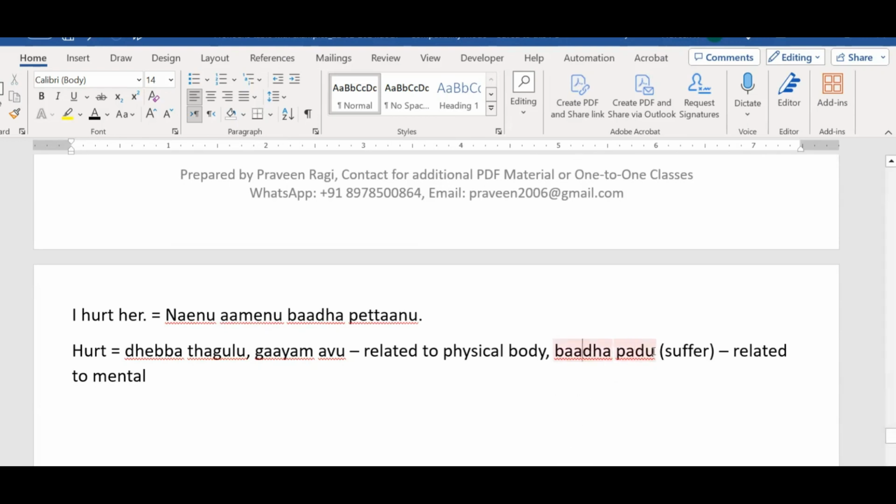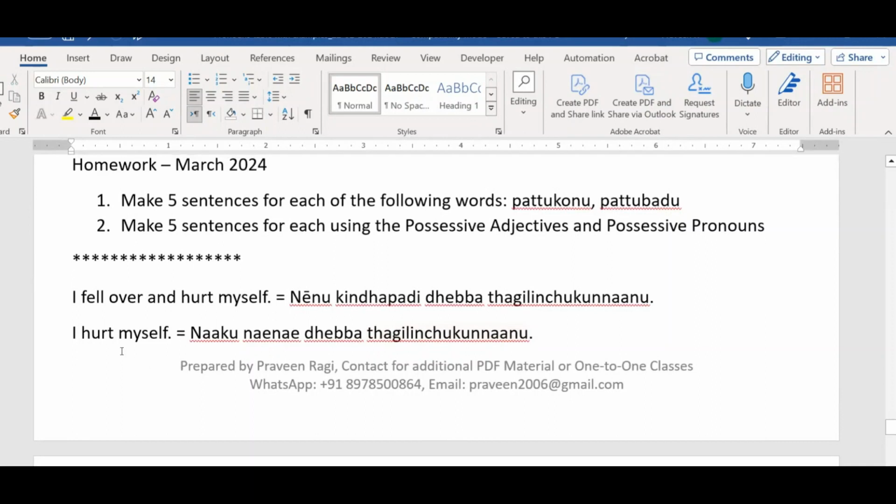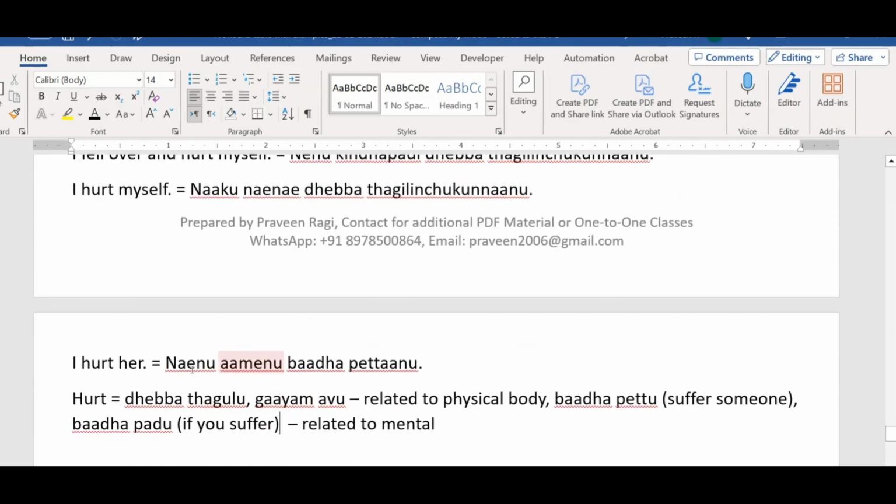If you make someone suffer, it is బాధపెట్టు; if you suffer, it is బాధపడు. So I hurt, నేను బాధ పెట్టాను. Her means ఆమెను.